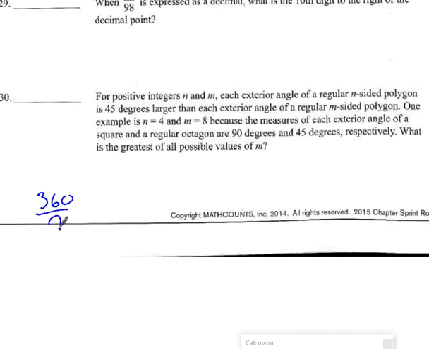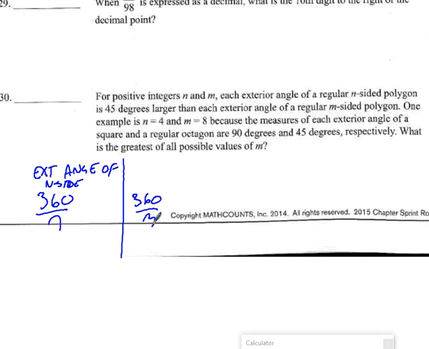And so again, that is the exterior angle of an n-sided polygon. Obviously, you're supposed to know that, right? And then the exterior angle for an m-sided polygon is going to be 360 over m. And this must be background knowledge.